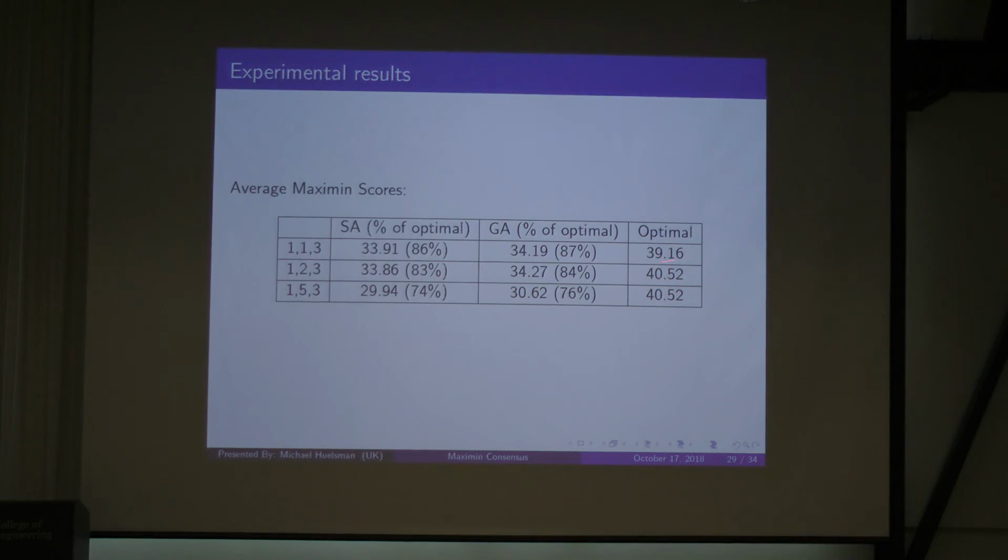And that was done using ASP. And what we found is that if you use simulated annealing or a genetic algorithm, you get decent approximations of that optimal, right? We're at 80, 70. We're getting pretty good results, right?